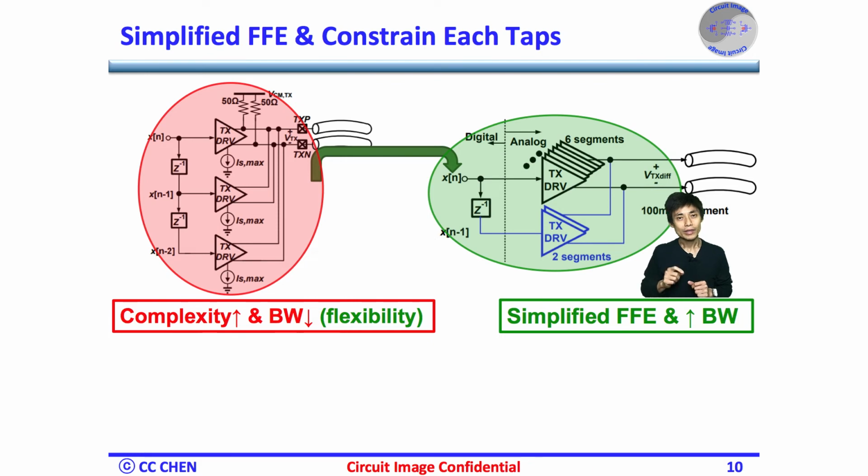Second, with FFE, the maximum equalization or emphasis level is fixed, such as -6 dB as we discussed, and nothing more. Third, the main cursor swing and the maximum emphasis level are trade-offs. Lastly, the fundamental trade-off of the analog-based TX driver is between the FFE flexibility and self-loading.